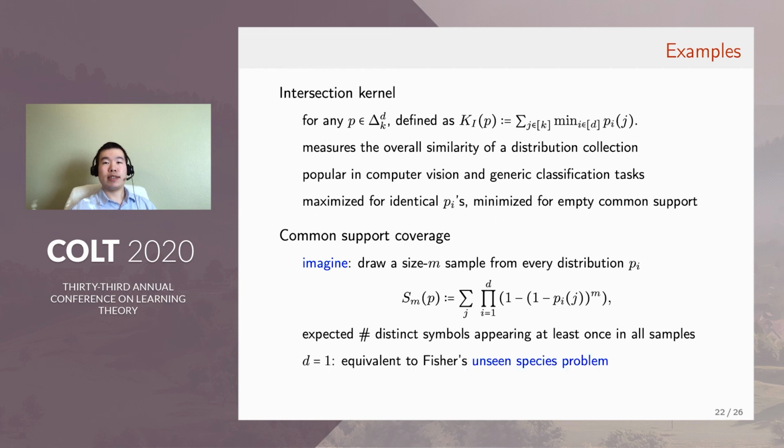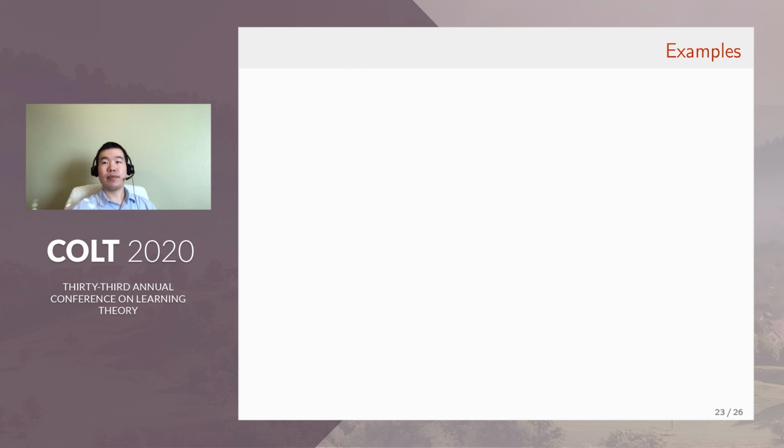When d is equal to 1, this is equivalent to the well-known Fisher's unseen species problem. It has many applications in ecology and biology studies, and it represents the number of comparisons that can be made among individuals from different populations.